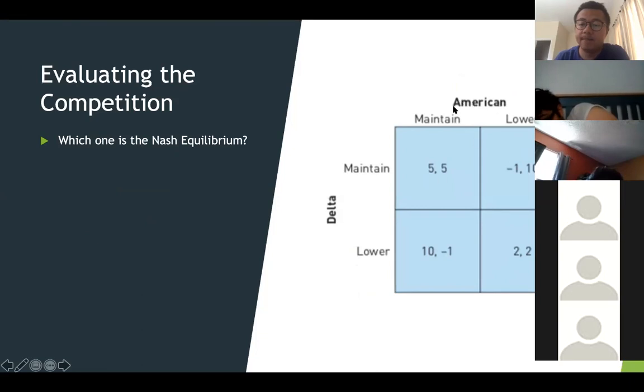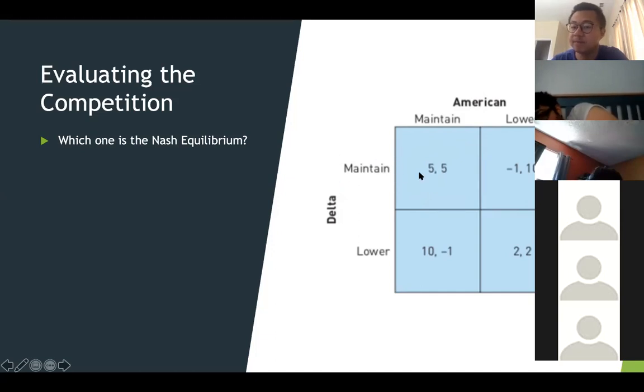Because we are Delta, if American wants to maintain the price, we have two options.